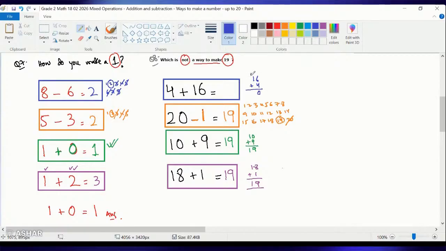We carry 1 to the tens place and it comes out to be 20. So we can say the final answer is 4 plus 16 is equal to 20, which is not equal to 19. And we needed 19 to be our final answer. Thank you, May.